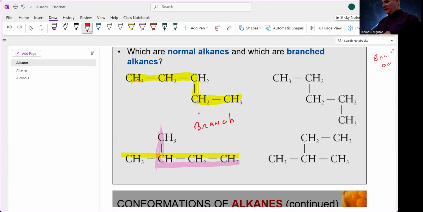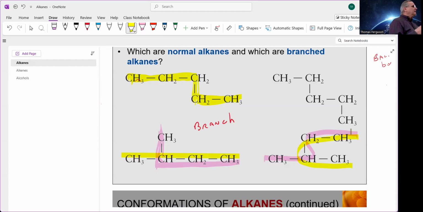Okay, let's look at this one over here. That's one backbone, 4 carbons long. And we've got one branch off of it. That's another backbone with 1 carbon off. And you can choose either one.